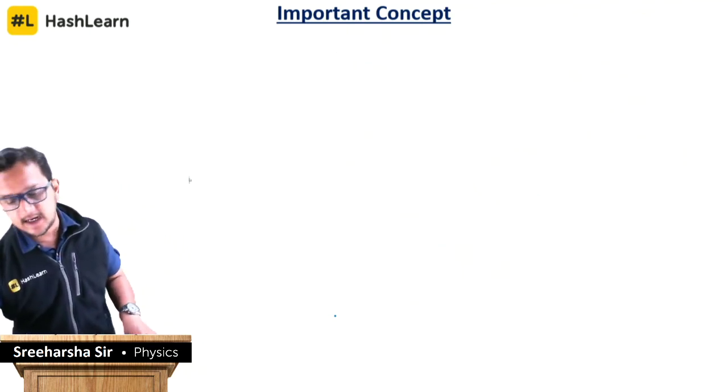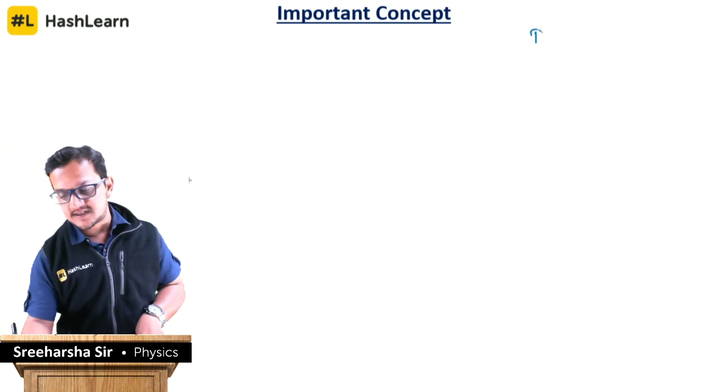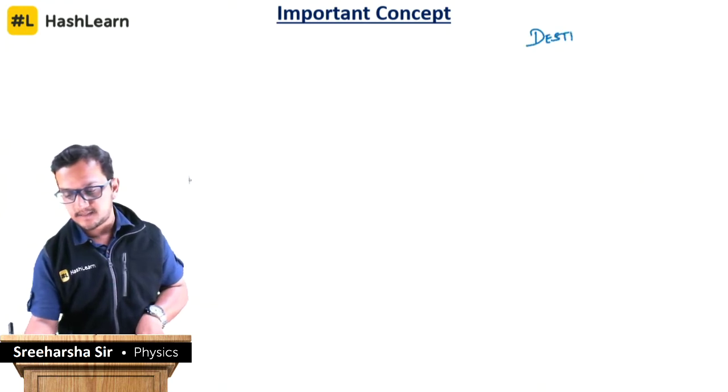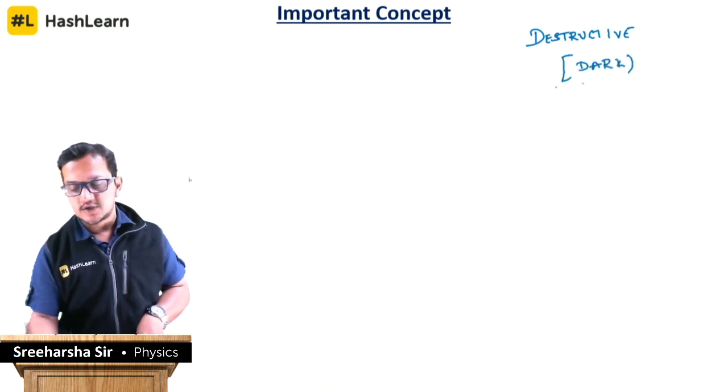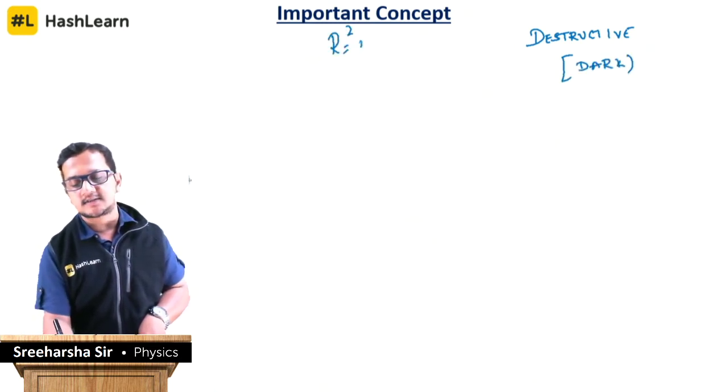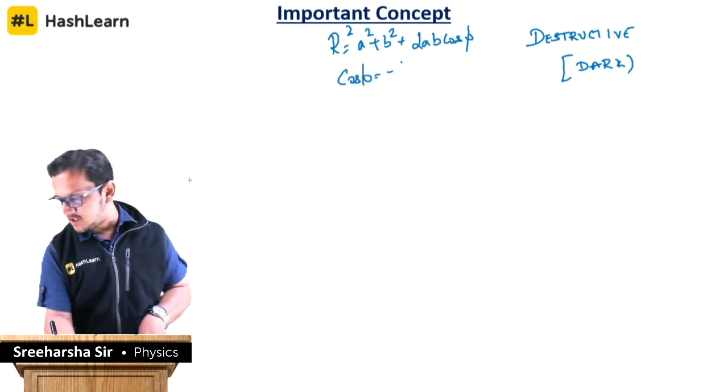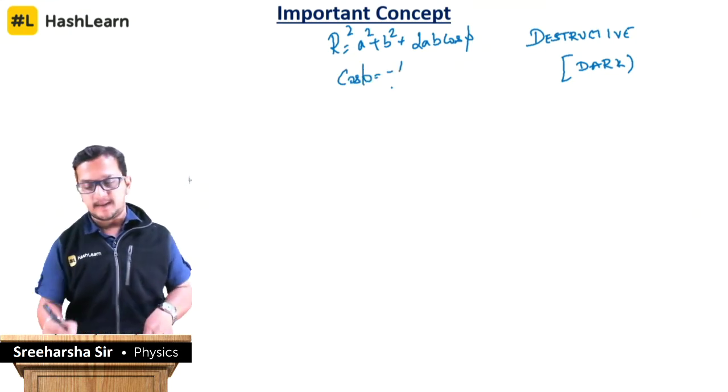Now coming to the second one, destructive interference. For destructive interference, it will give rise to a dark band. So here you have the equation R square equals a square plus b square plus 2ab cos phi. The minimum value possible is when cos phi is equal to -1.